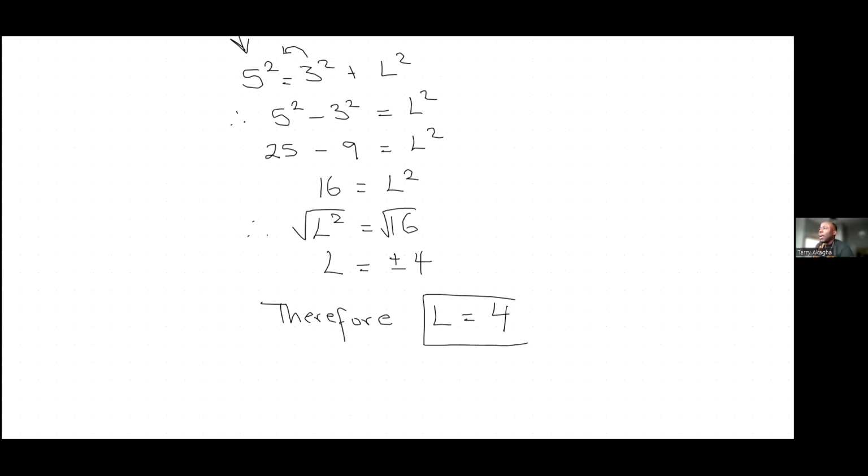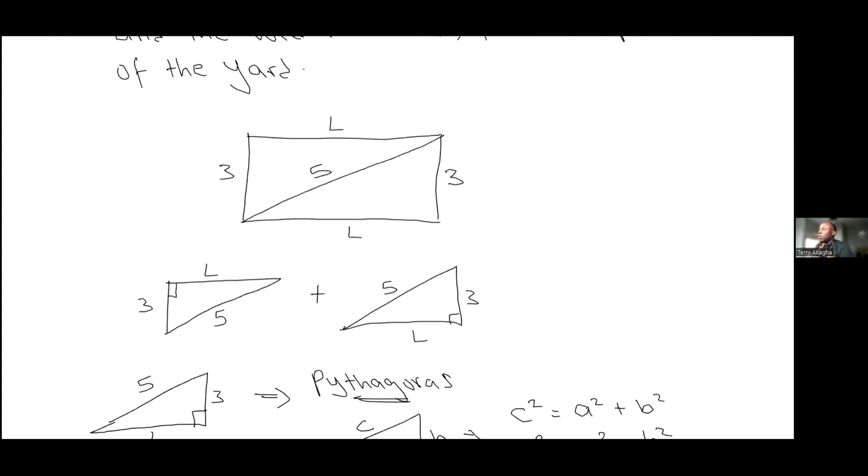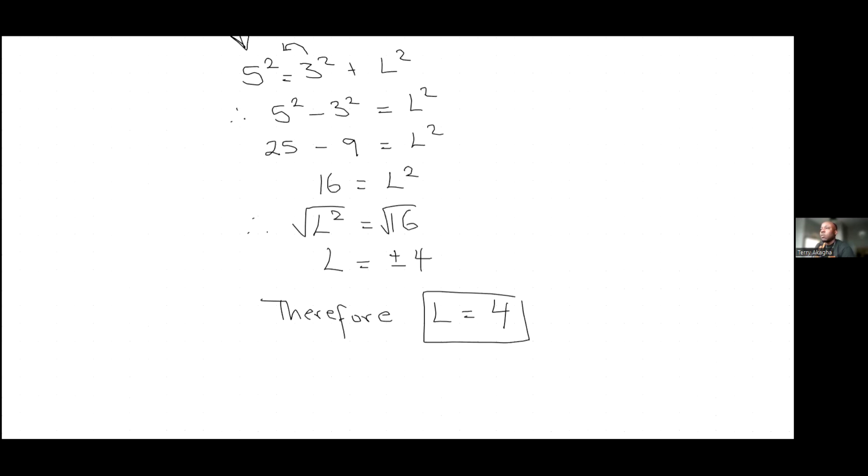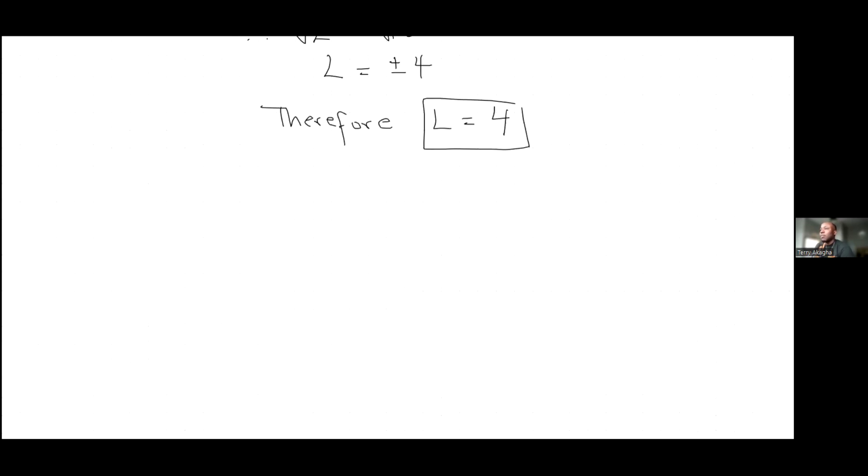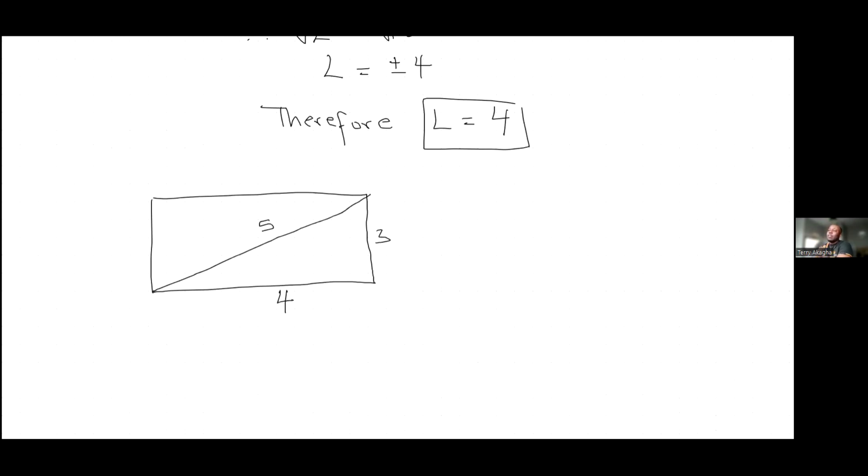So that means now I can redraw this and put the L here to be 4. Sorry, the rectangle, I beg your pardon, is like this. So this part here is 5, this is 3, and this is 4. This is 3 and this is 4.